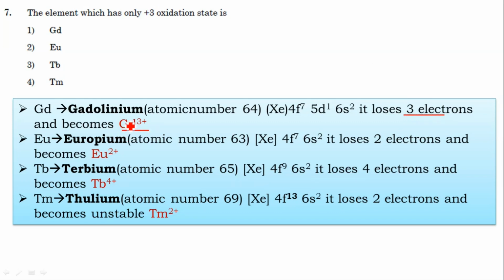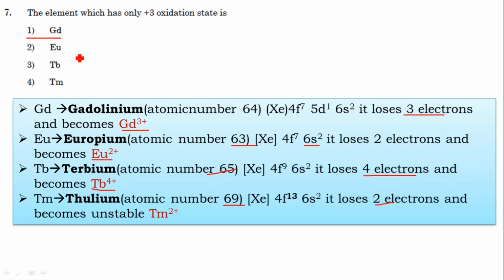In the case of europium, atomic number 63, it loses 2 electrons to give a half-filled 4f7 and becomes Eu2+. The oxidation state is 2+. In terbium, atomic number 65, it loses 4 electrons to give a half-filled orbital and becomes Tb4+. In thulium, atomic number 69, it loses 2 electrons to become Tm2+. So the correct option is 1.